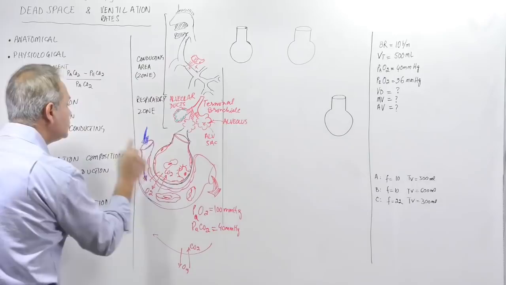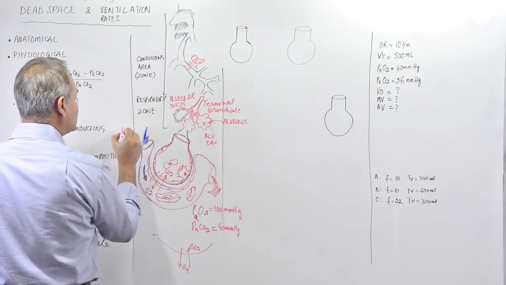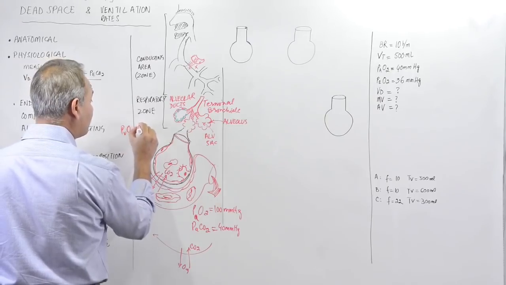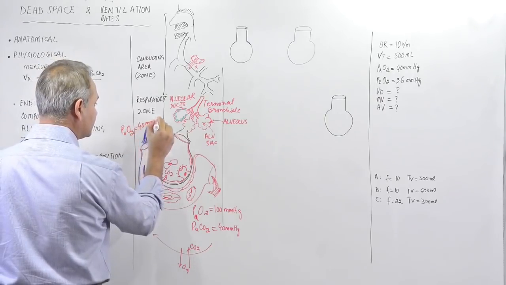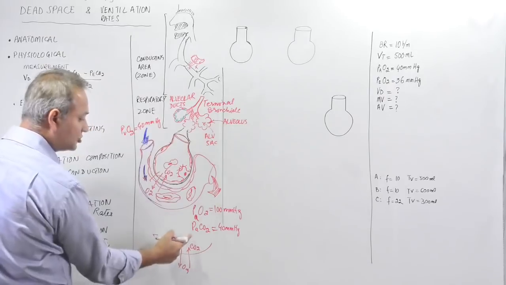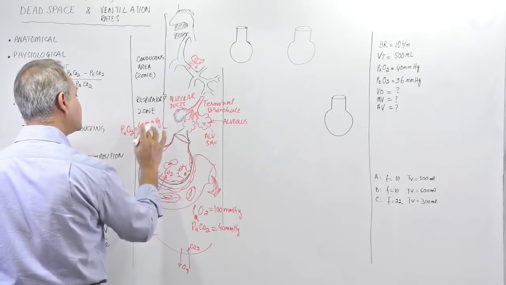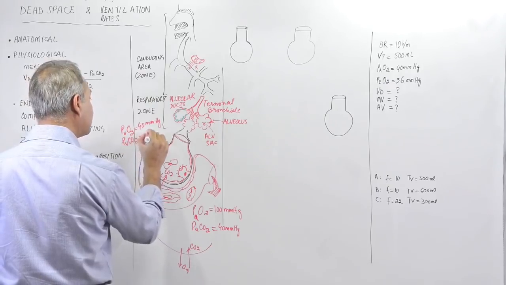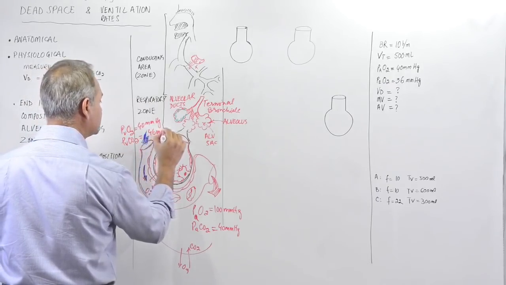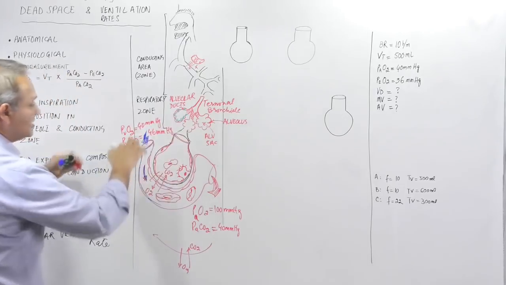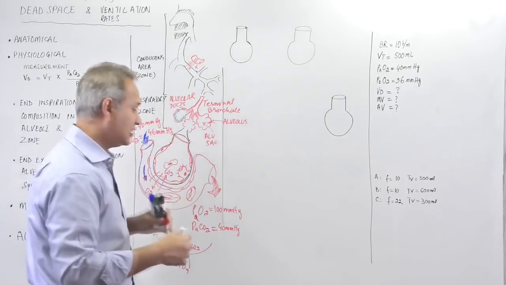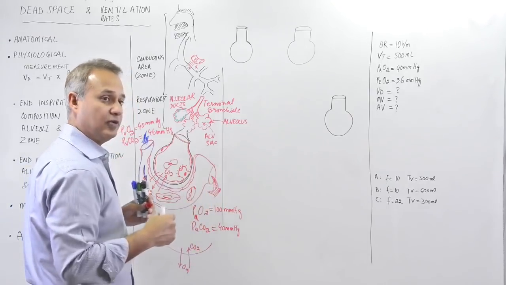When it comes into the lung, the partial pressure of venous oxygen is about 40, so it has dropped from 100, and the partial pressure of venous carbon dioxide is about 46 millimeters of mercury.